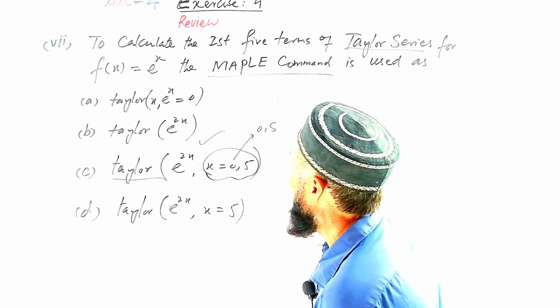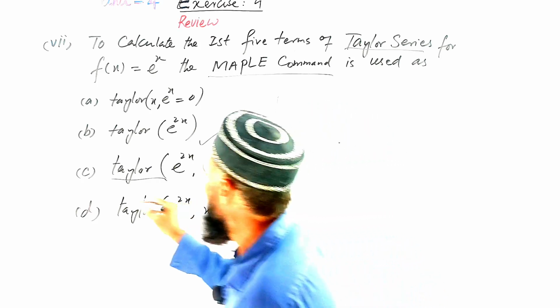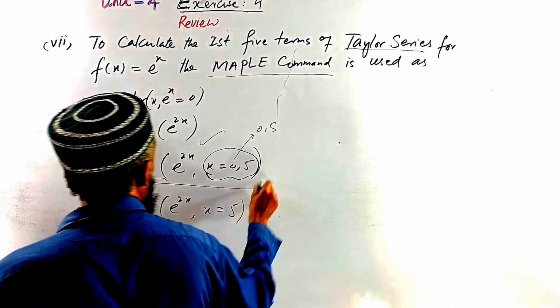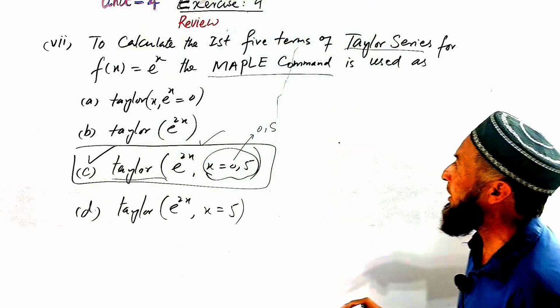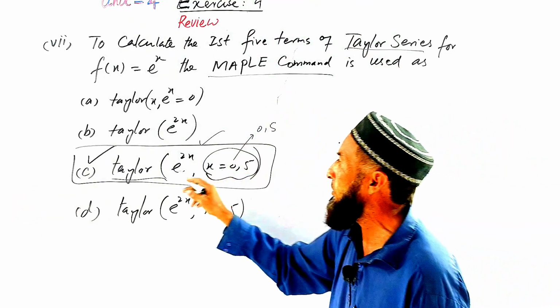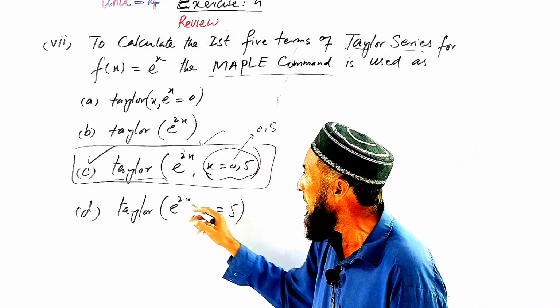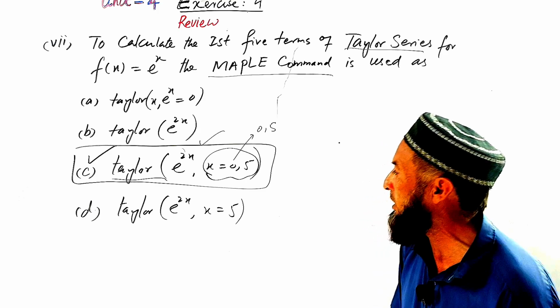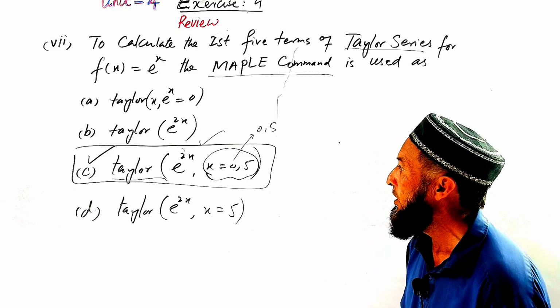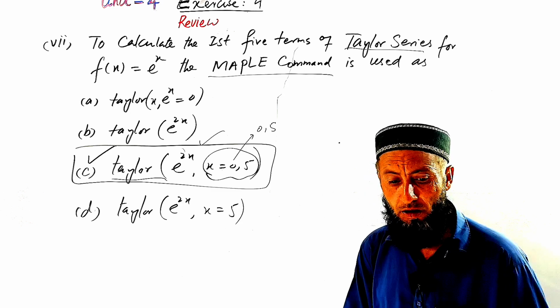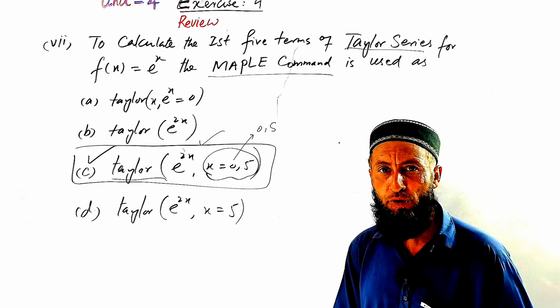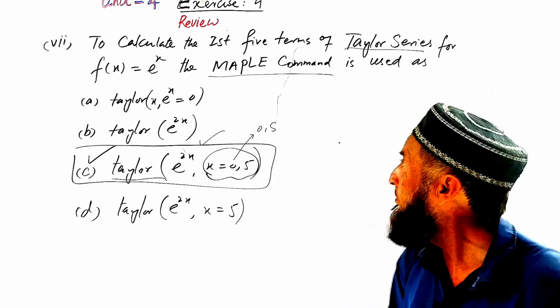So option C is the correct option, because according to the Maple command, the Taylor function and their interval are used. X is equal to 0 and 5. The starting point must be 0 from the initial commands, otherwise it is not accepted.